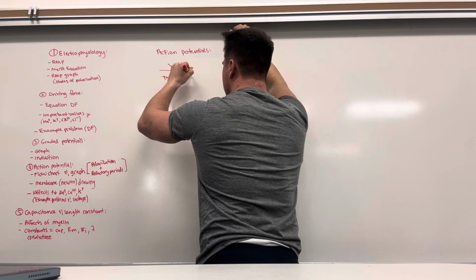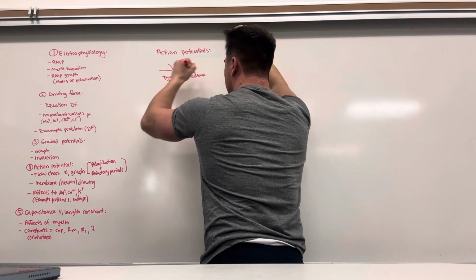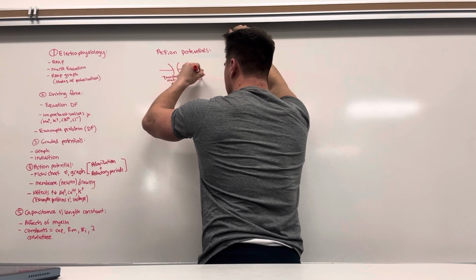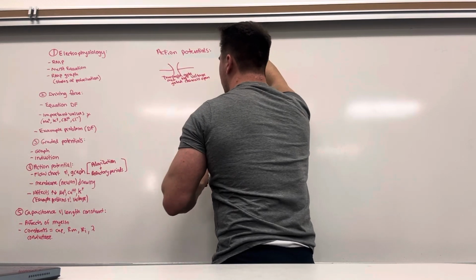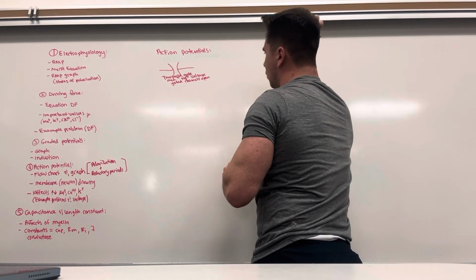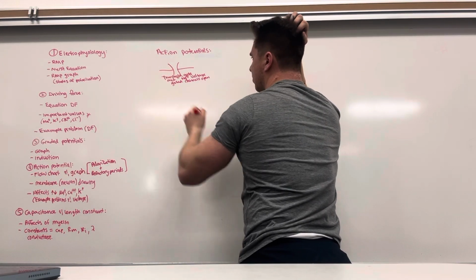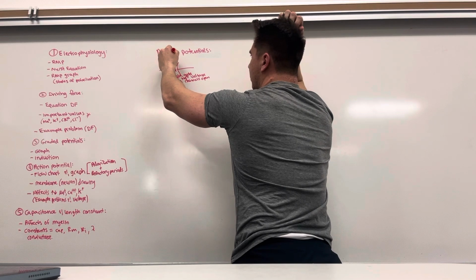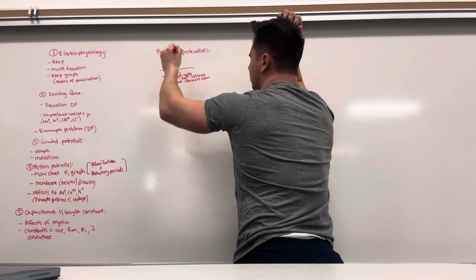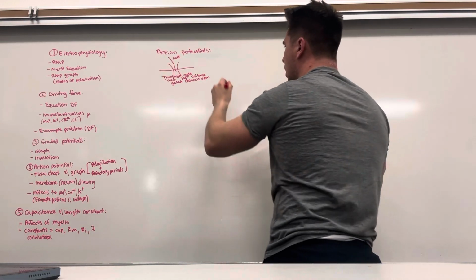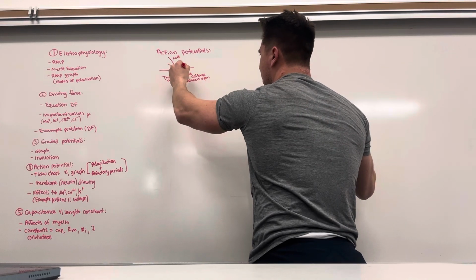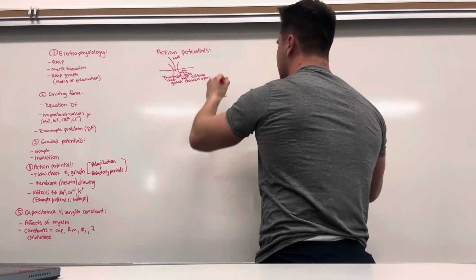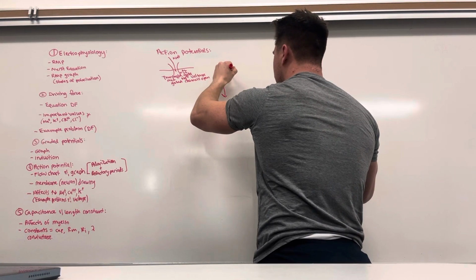Na+ voltage gated channels open. And when these sodium voltage gated channels open up, we have this flow of sodium coming into the cell. Okay? And when that comes in, we get a very high positive charge within the cell. And this leads to depolarization.